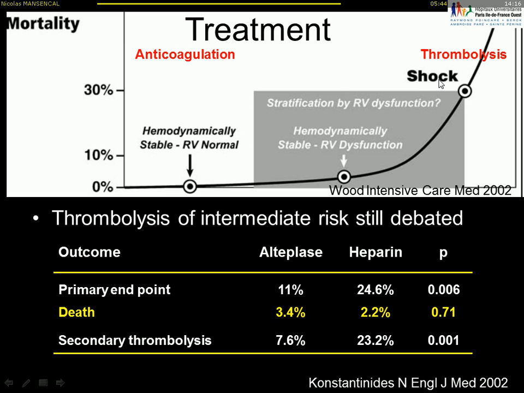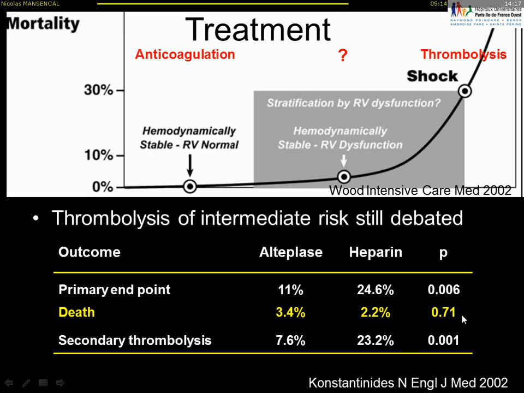What about the patients presenting with an intermediate risk PE? Is it necessary to perform a thrombolysis? I'm sorry, but I don't have the answer today. It's still debated. However, in a previous study, look at the rate of death. It was very low, 3% concerning thrombolysis versus 2% with heparin.